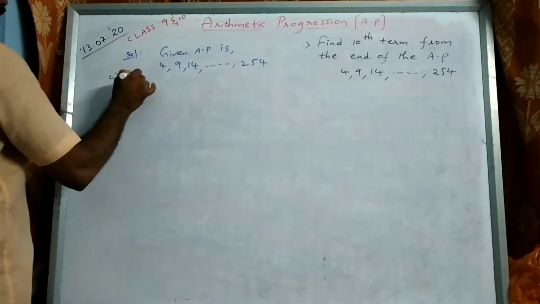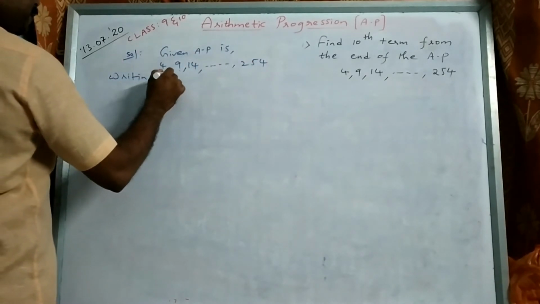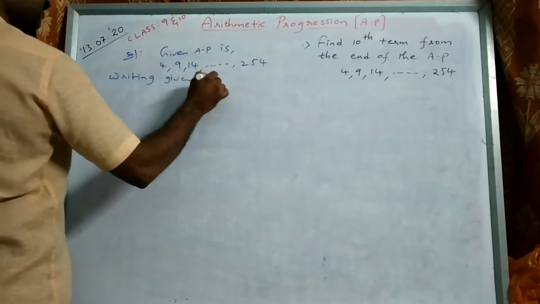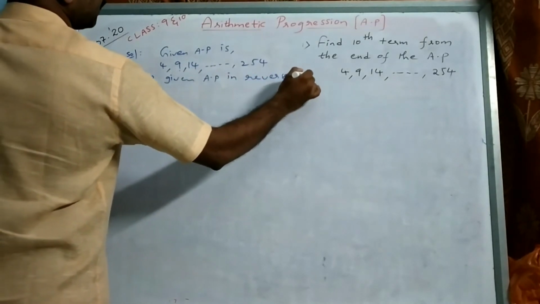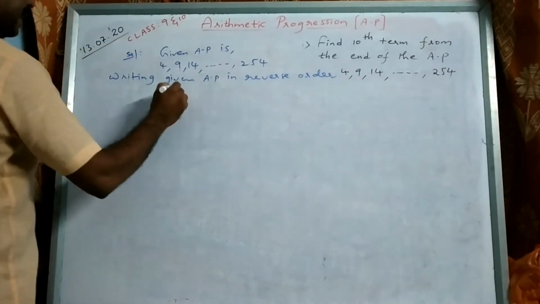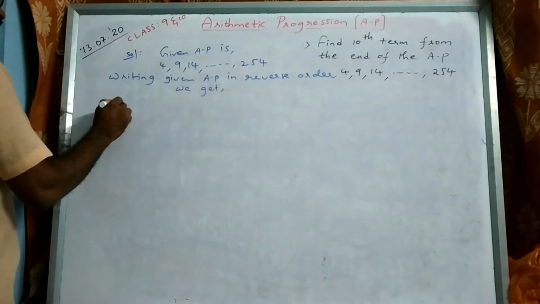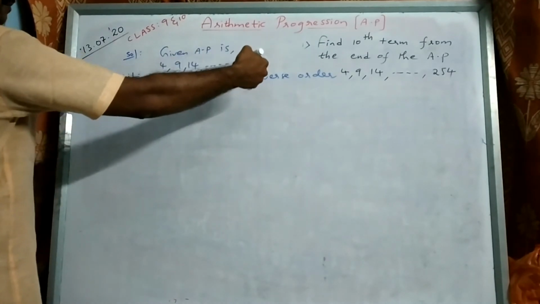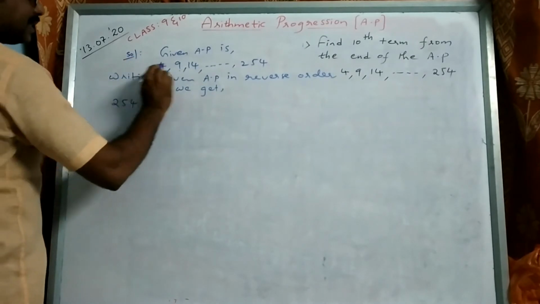Writing, because I want from that side, right? Writing the given AP in reverse order. So what will you get? The last term becomes the first term. Now the common difference from this side is 5, no?